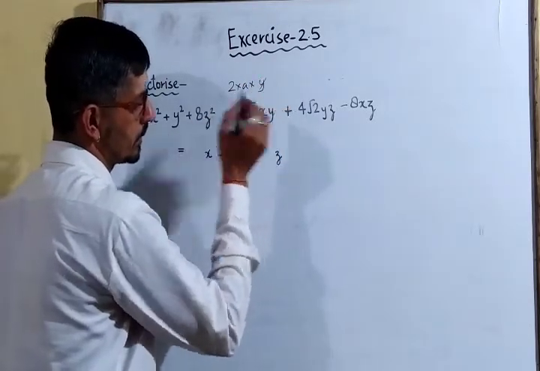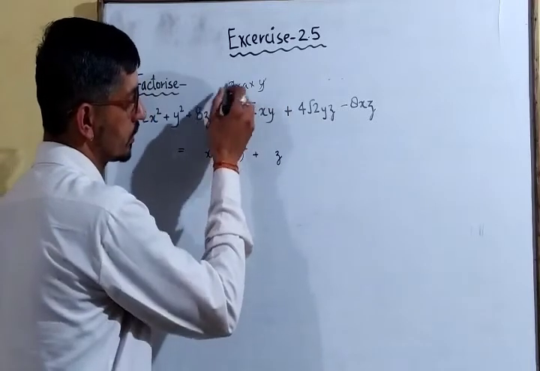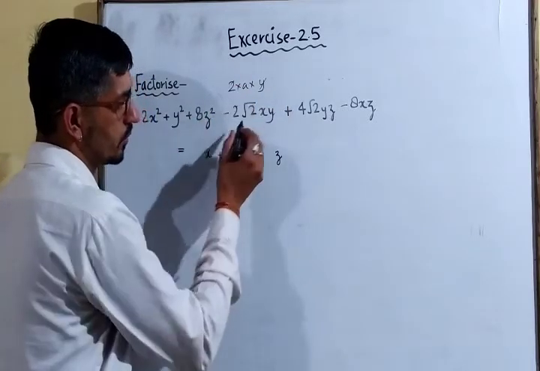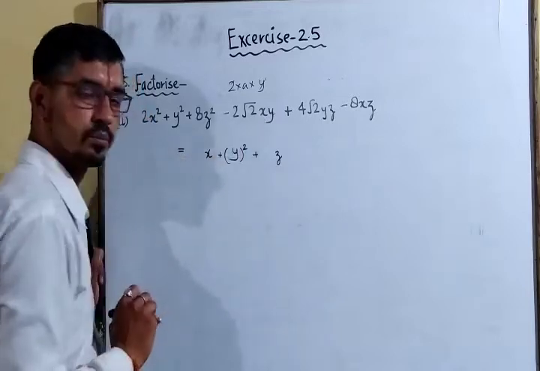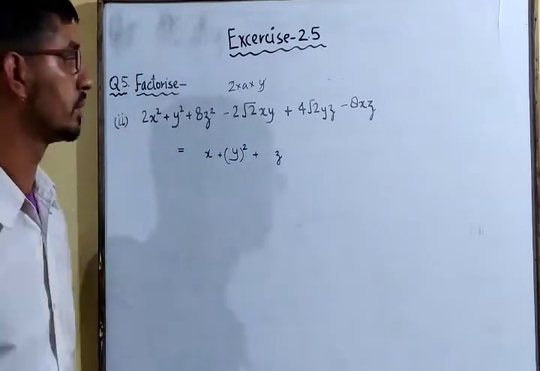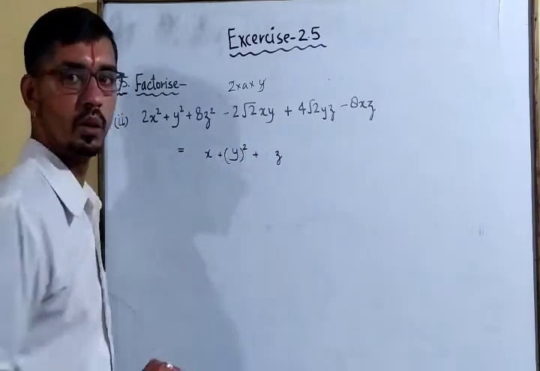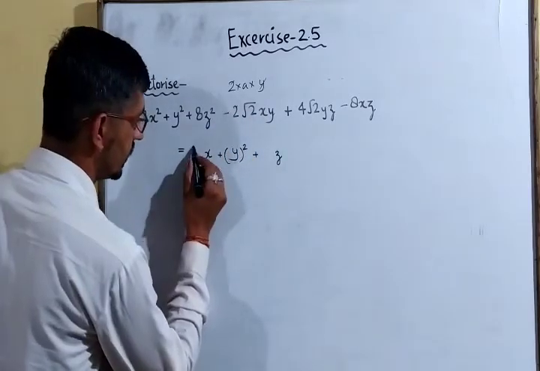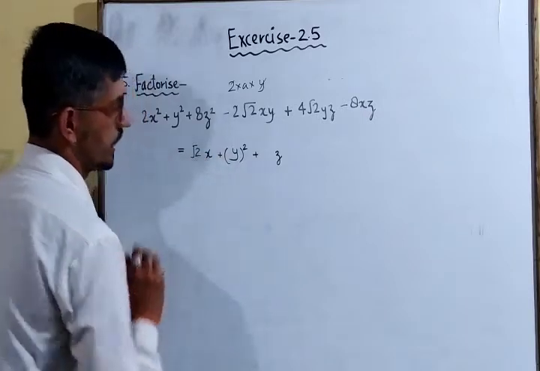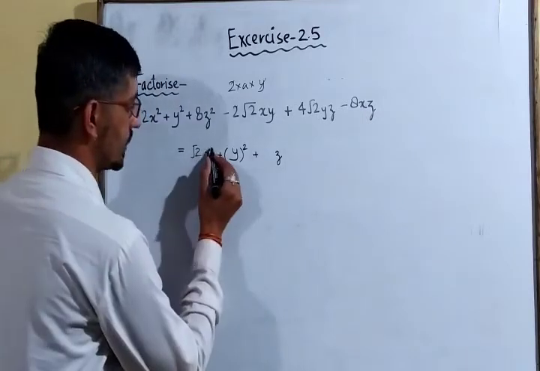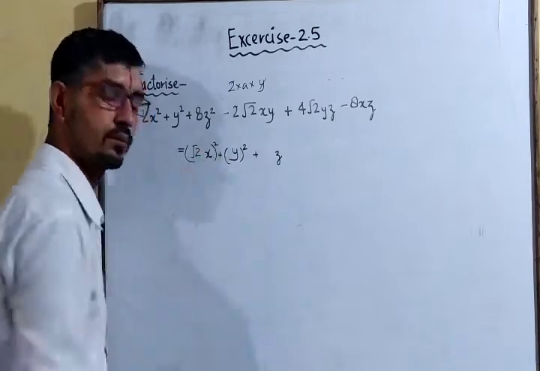Y can be cancelled out by this y. 2 can be cancelled out by this 2. So what is left? Root 2x. So we have A now. Now we have got A, what is it? Root 2x. So in place of A you will write root 2x and the square of 2x.